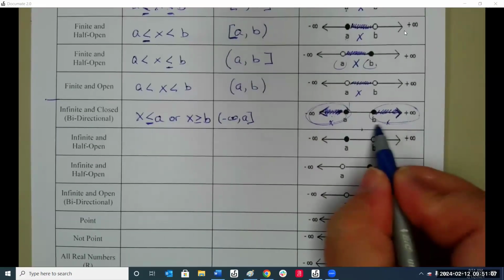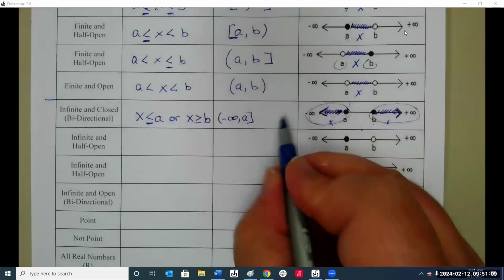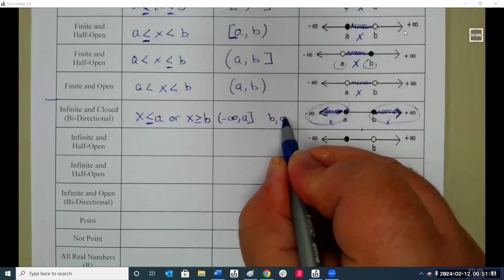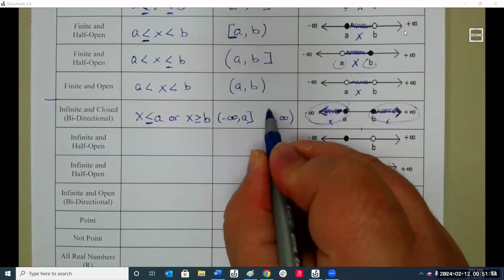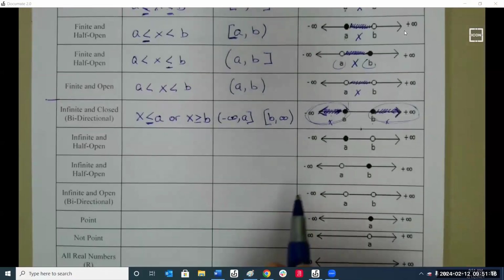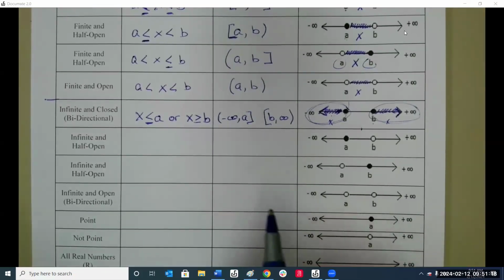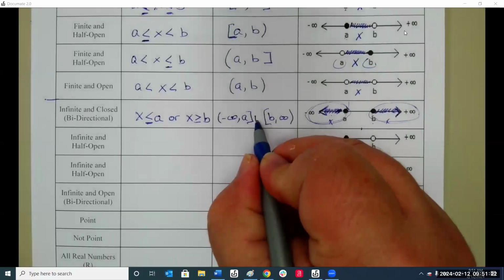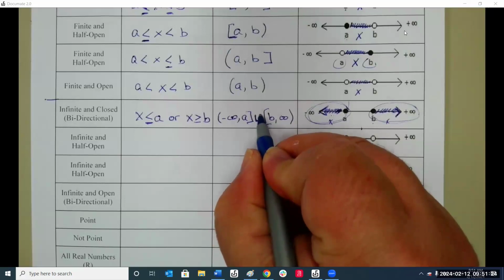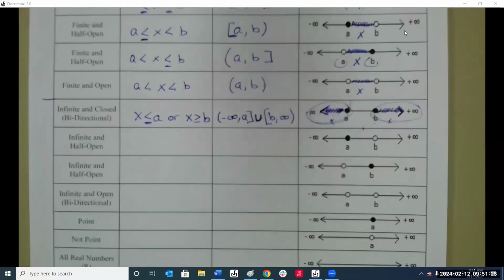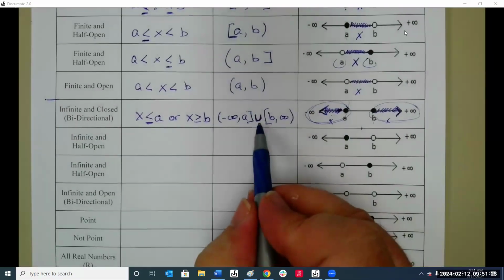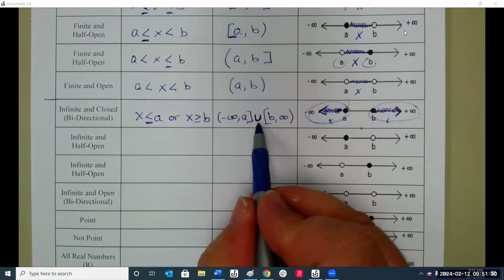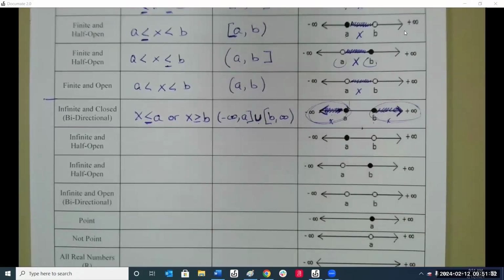And the second set starts at b and goes to infinity. And b is also a bracket. Now, for interval notation, we can't use the word or. We use the symbol for or, the union symbol. That symbol you read is this interval or this interval.